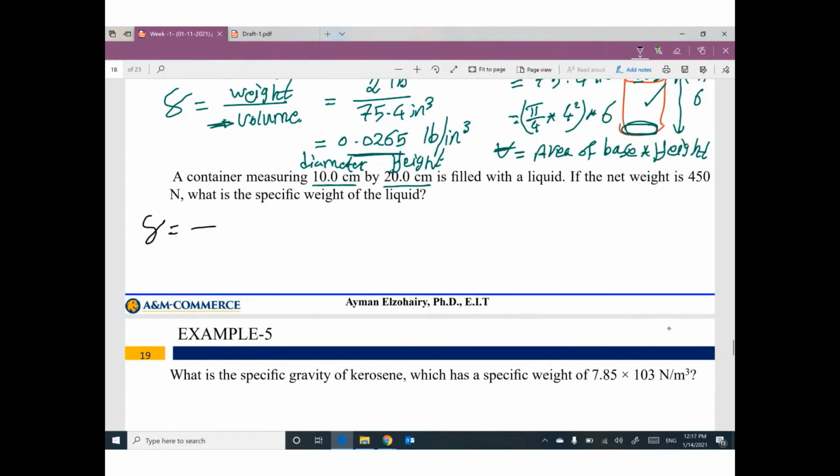Gamma equals weight divided by volume. The weight of the liquid is 450 Newton.